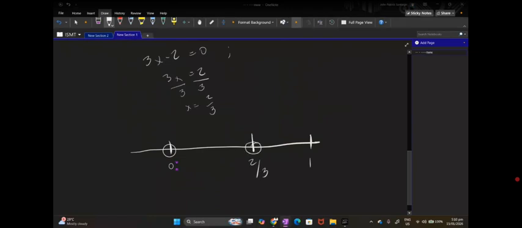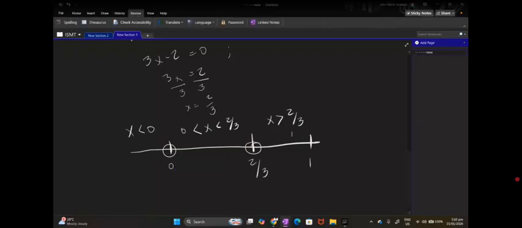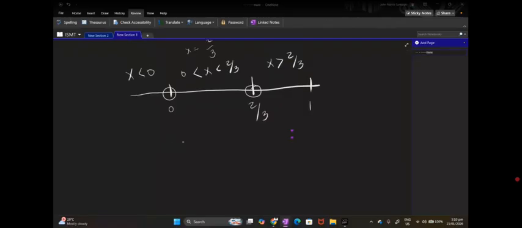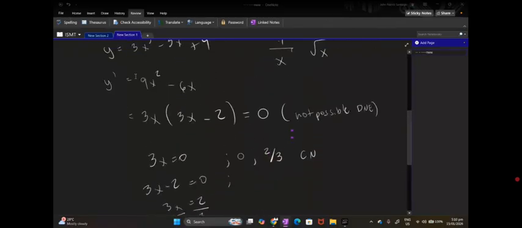So, critical points natin, it's 0 and 2/3, di ba? So, we have x is less than 0, and x is greater than 0 but less than 2/3, and we have x is greater than 2/3. Now, we can use yung table na ginagawa ni Sir Oscar. Ano ba yung mga na-derive natin? Babalikan natin to: 3x multiplied by the quantity of 3x minus 2.